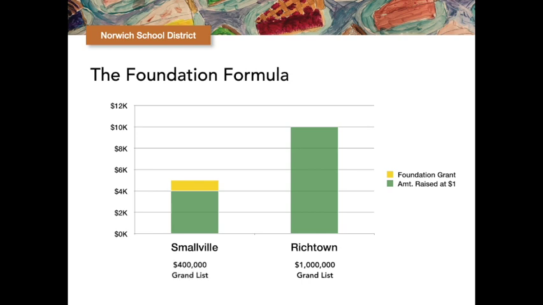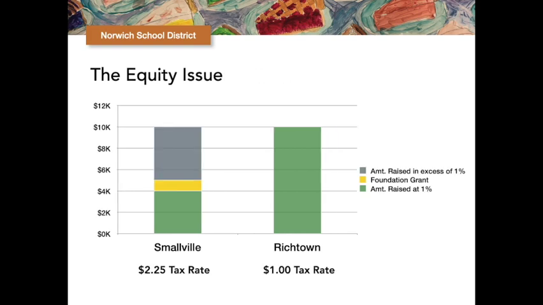For Smallville, the story is a bit different. With a base tax rate of $1, they're able to raise $4,000 in per pupil spending, and with the foundation grant of $1,000, can get to the $5,000 level. But anything above that is going to require more contribution from taxpayers.